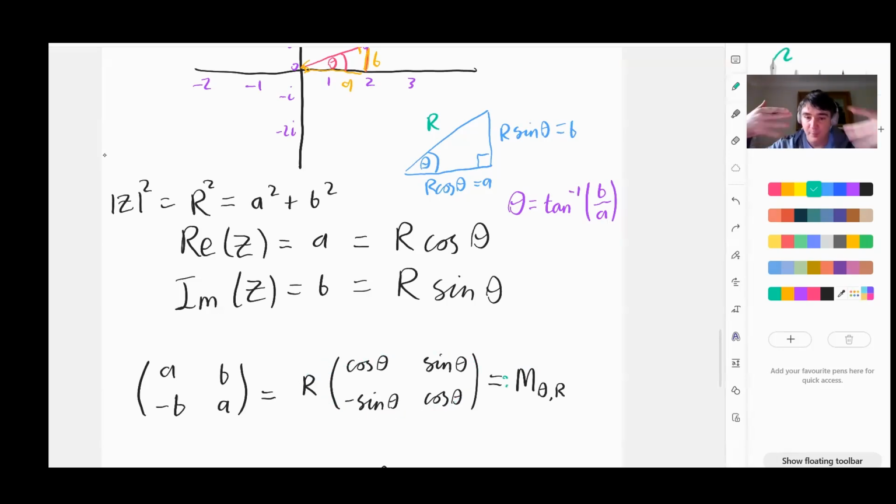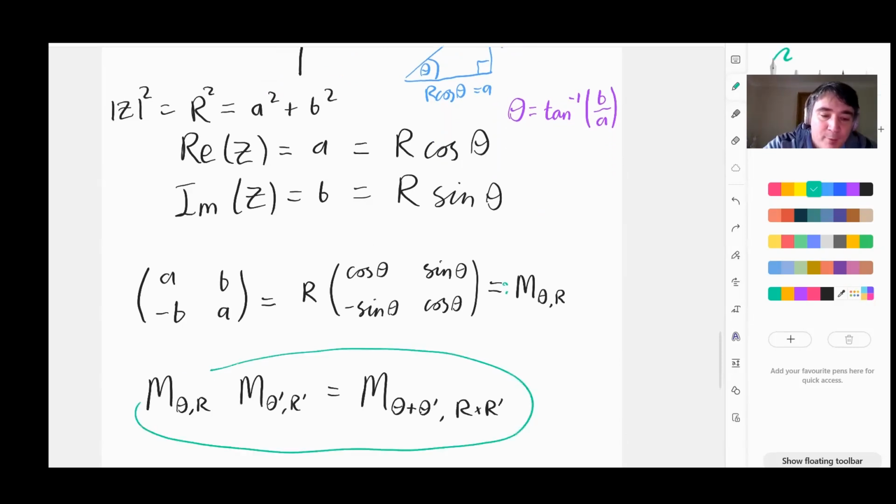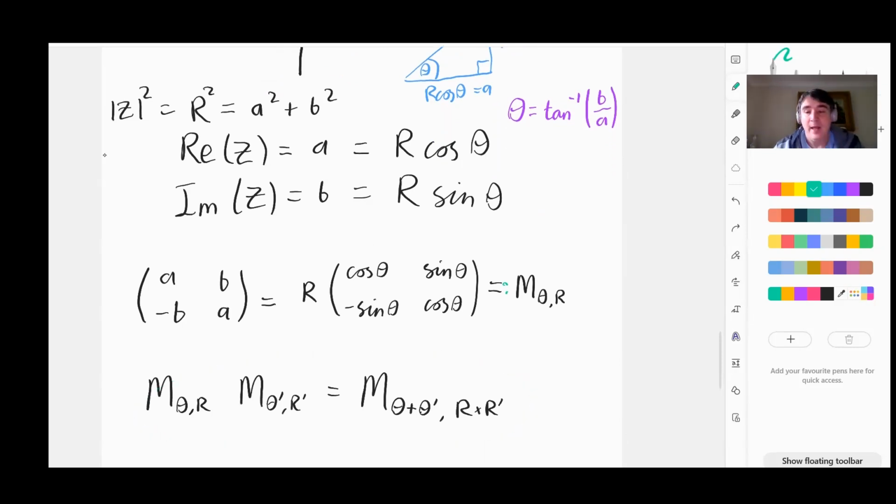And now the really beautiful thing is that the way that matrix multiplication works is given to us by this really lovely simple formula here. It turns out that when we multiply these two matrices, that corresponds to multiplying the corresponding complex numbers. And if you know about complex numbers, you'll know that there's a really easy way to do that.